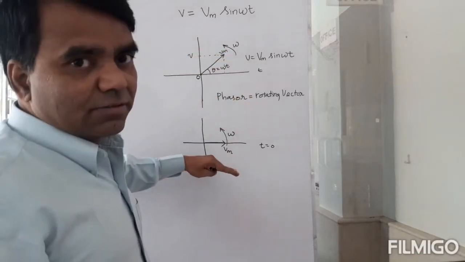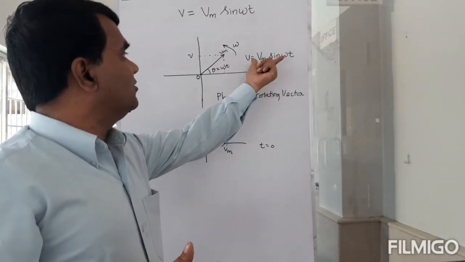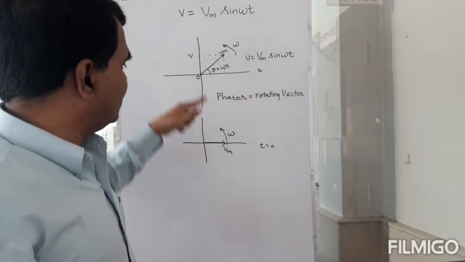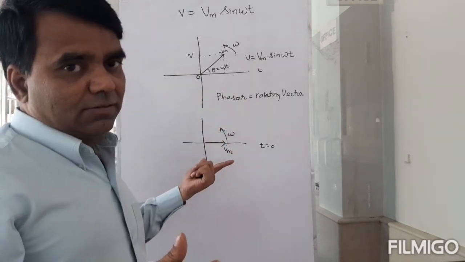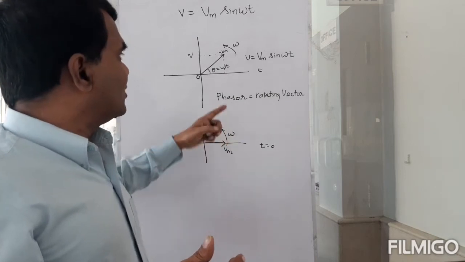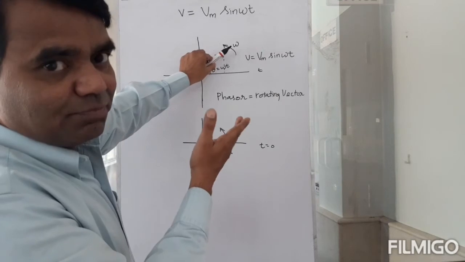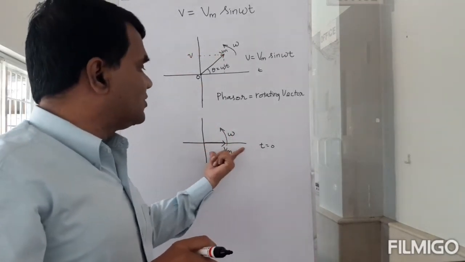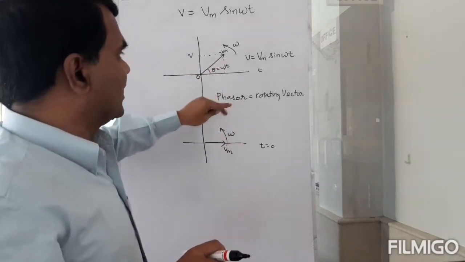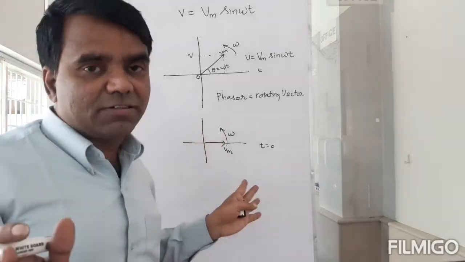These are equivalent. Which diagram should I use to write this expression? Well, I can use either this diagram or this diagram. They're equivalent. Why are they equivalent? Because I have drawn this diagram at some time t. Here I have drawn the same diagram at time equal to 0. It doesn't matter.